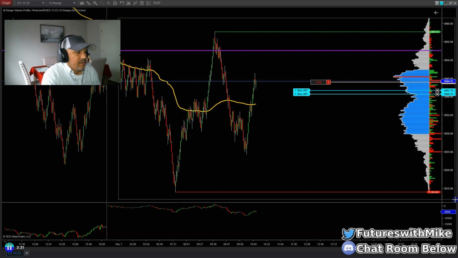So let's see if price is going to react on this level here, at this zone here. It looks like it may want to push a little higher here. Come on, baby. I may have gotten in just a tad bit too early on this trade.